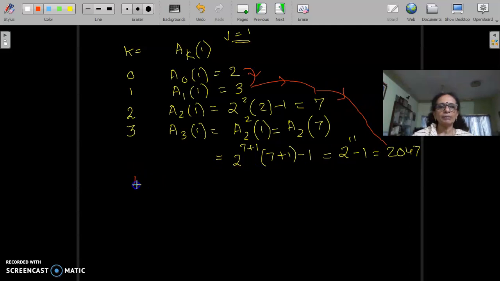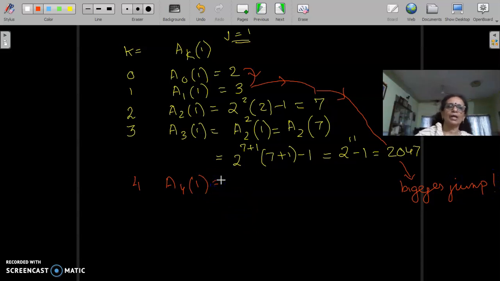So we can expect our a_4(1) to make a much bigger jump, right? Isn't that what we expect? So let us just see how big it actually is, and we'll be surprised to see that it is really quite big.